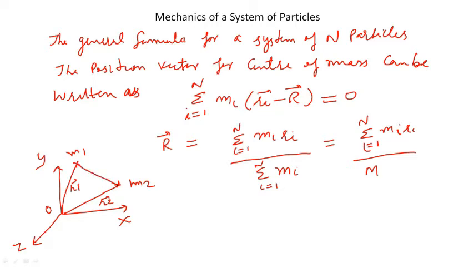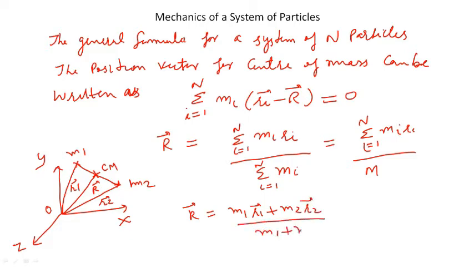Then if we define the center of mass somewhere here for this system, and its position vector from the origin is r, then we can write the position vector r for two masses m1 and m2 as m1 r1 plus m2 r2 upon m1 plus m2, or we can write it as sigma i from 1 to 2, mi ri upon sigma i from 1 to 2, mi, right?